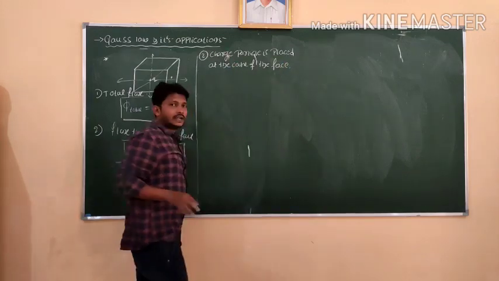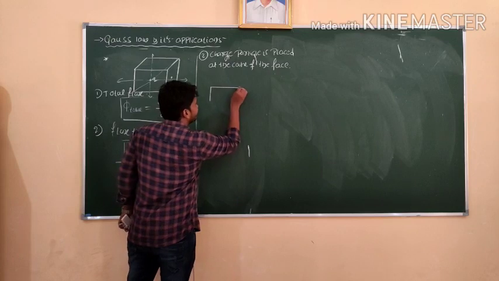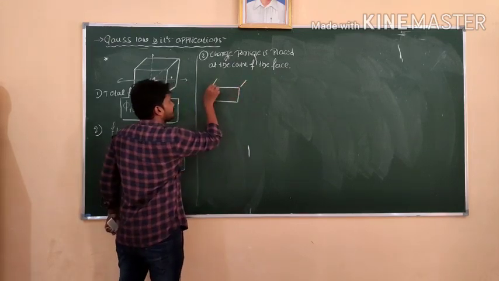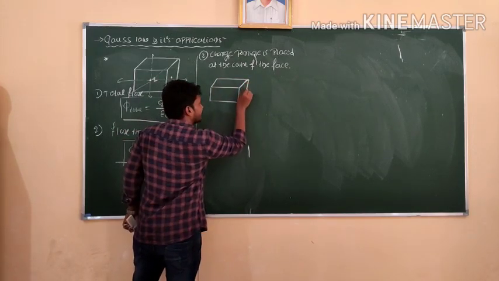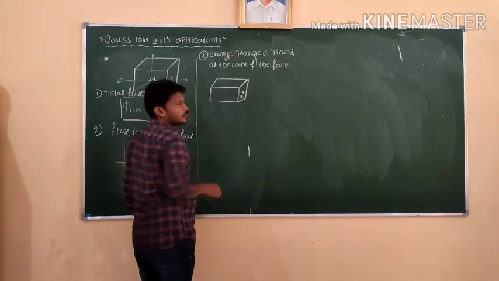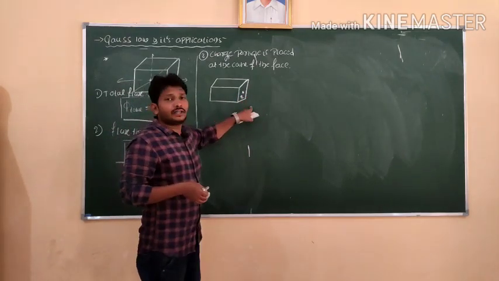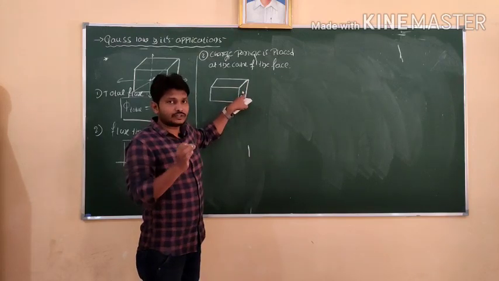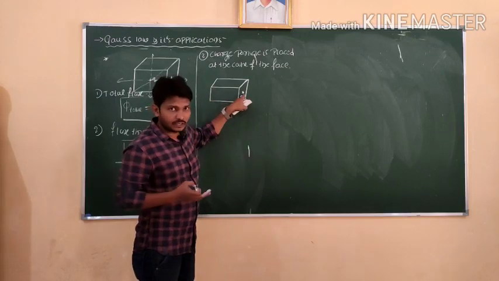So let me draw that cube here. This is one cube. Here I will consider one charge particle, placed at the center of the face. Let q be the charge. In order to get the enclosed charge, let me draw another imaginary cube here.